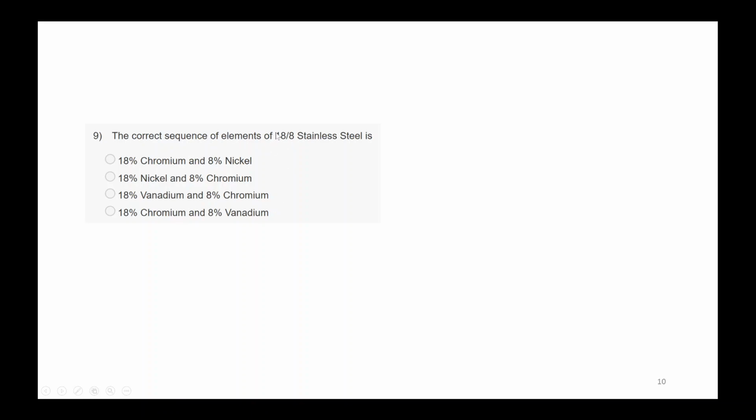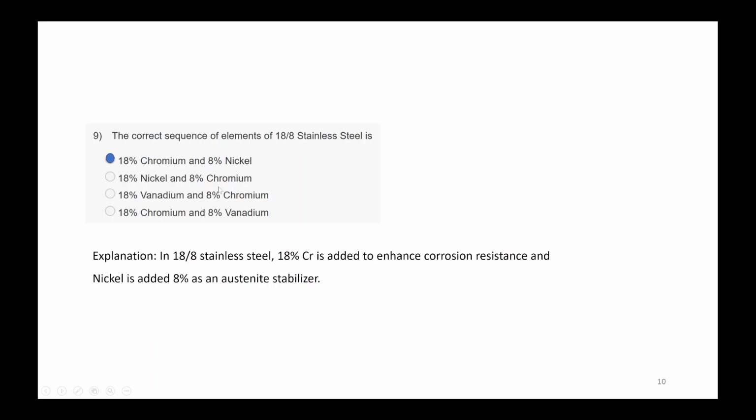So in case of stainless steel, this 18-8 is usually chromium and nickel. In 18-8 stainless steel, 18% chromium is added to enhance corrosion resistance, and nickel is added 8% as an austenite stabilizer. So these act in synergy.